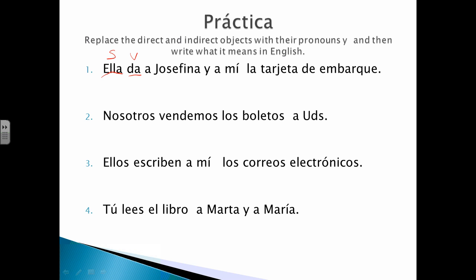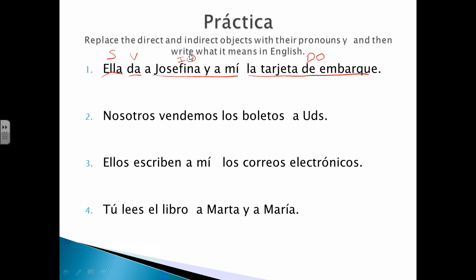So then you're reading it, she gives. Let's find the direct object. She gives what? She gives la tarjeta de embarque. So that's the direct object. Okay? She gives la tarjeta de embarque to whom? To Josefina y a mí. That's the indirect. So let's say in this sentence that it's a little too wordy.